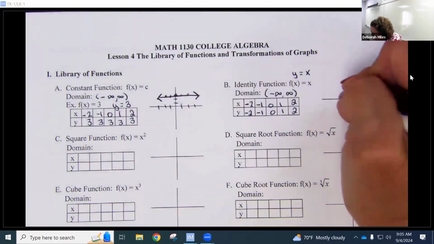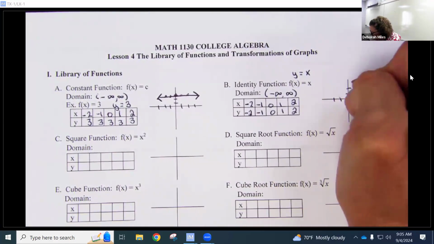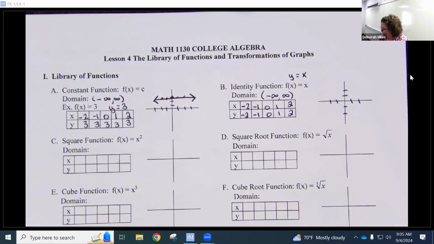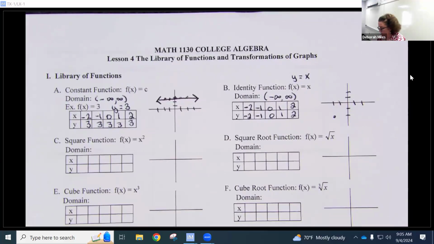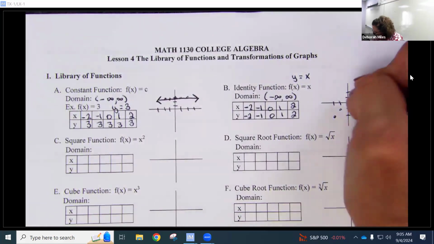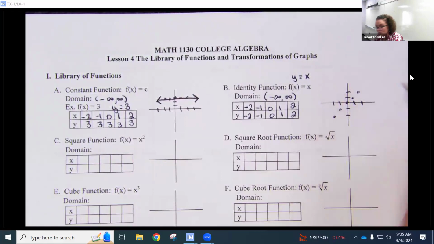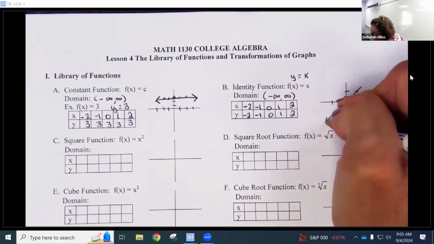To see what that graph looks like, plot those ordered pairs. When x is negative 2, y is negative 2. When x is negative 1, y is negative 1. When x is 0, y is 0. Then 1, 1, and 2, 2. That's just a line. It goes forever left and right.